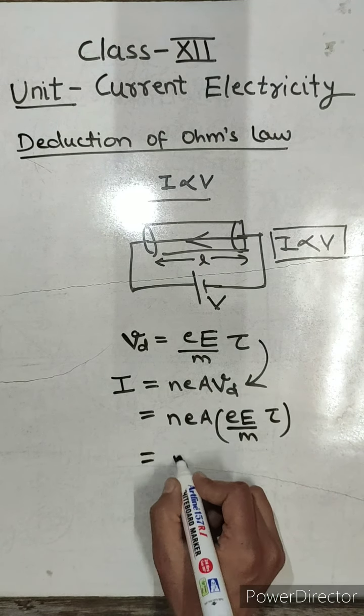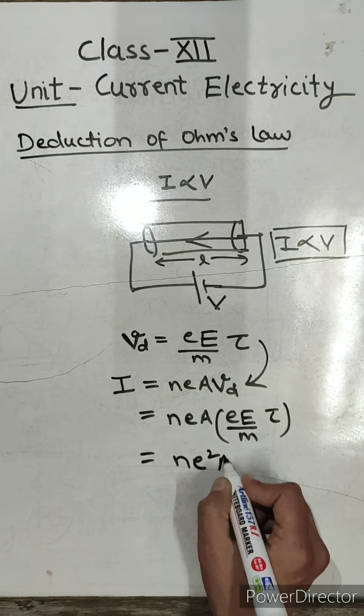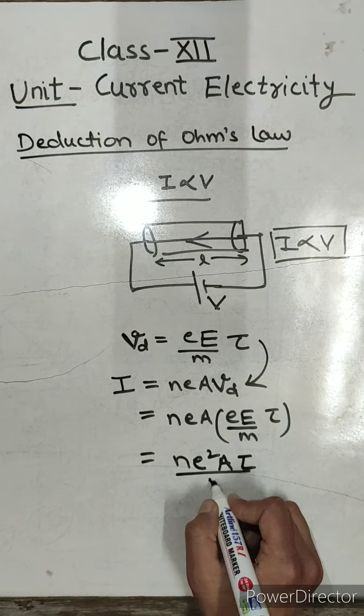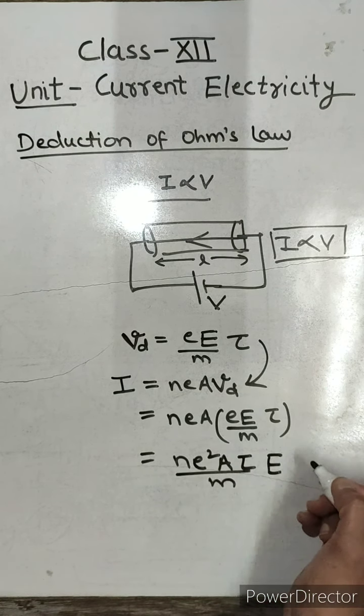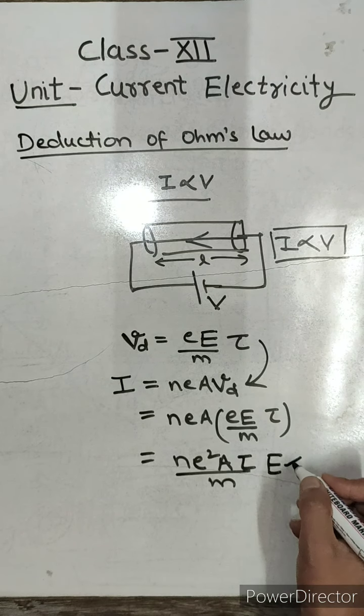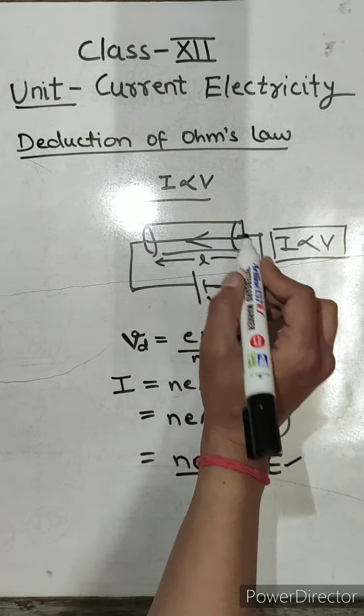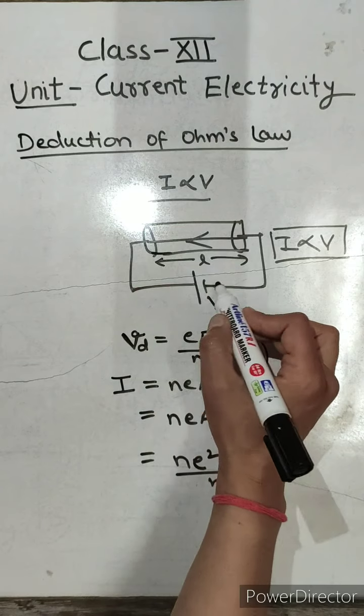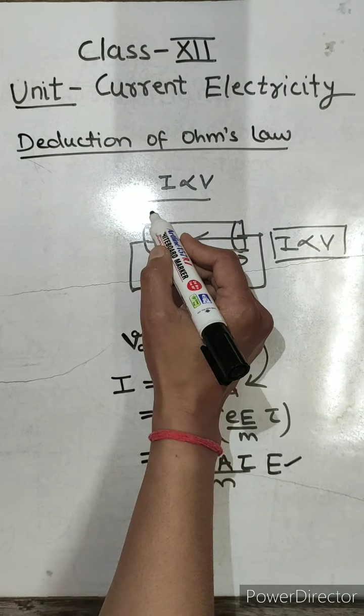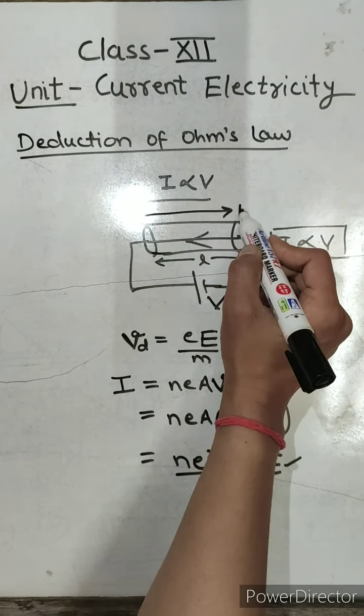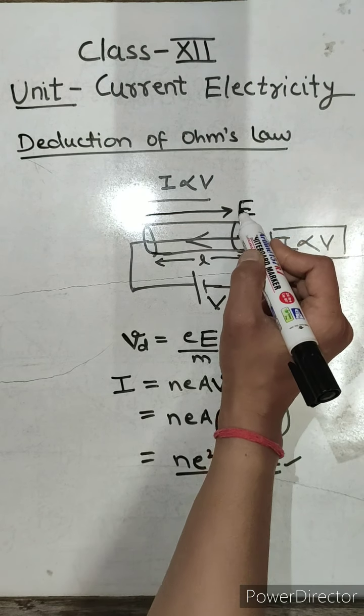Simplifying it, it will be N e square A tau by m into E, where this E is the electric field across this conductor. So if we are applying a potential difference V, then an electric field will be generated in this conductor.